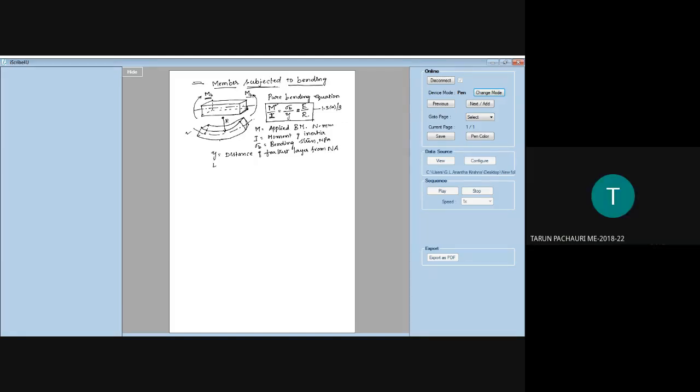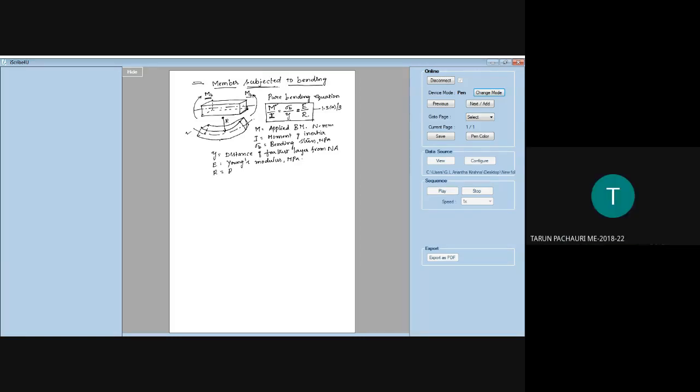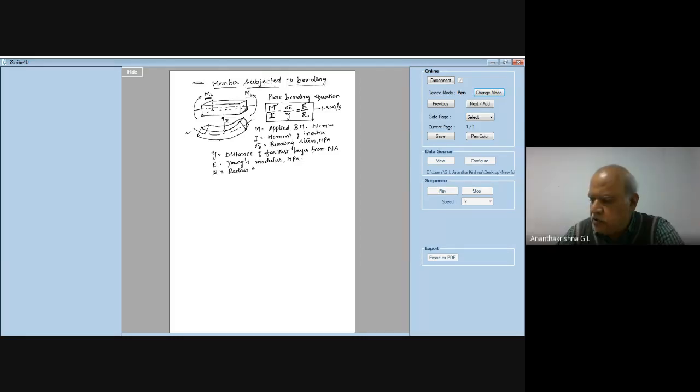What does E stand for? E stands for Young's modulus of the material of the member, in megapascal. What does R stand for? It is the radius of curvature. Correct? Are you there?